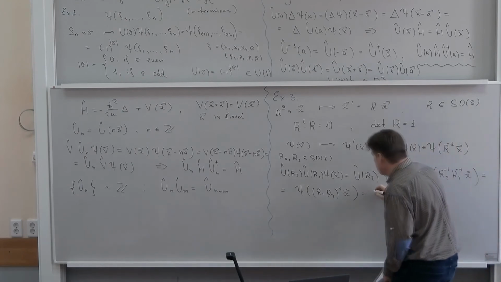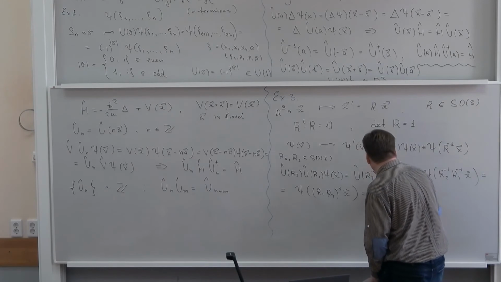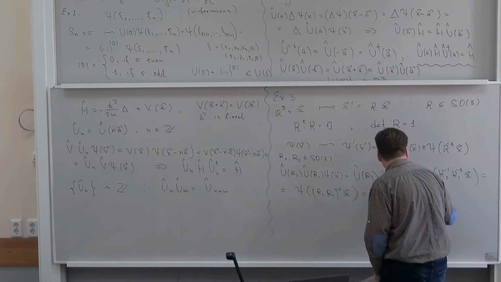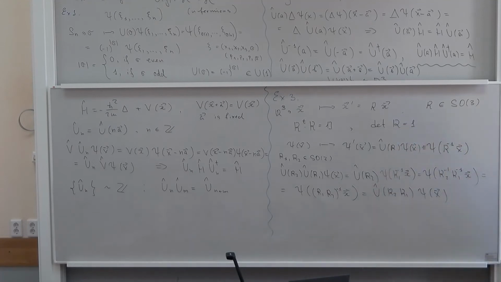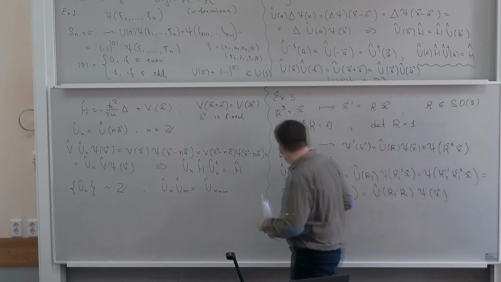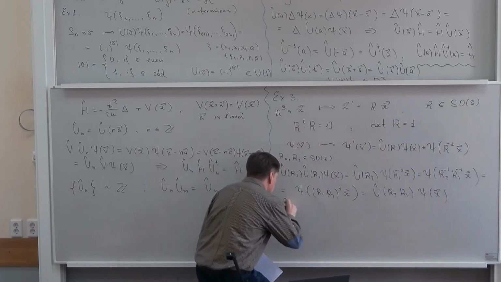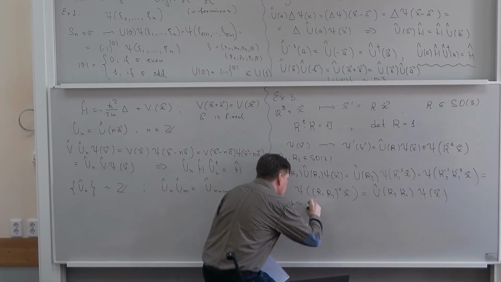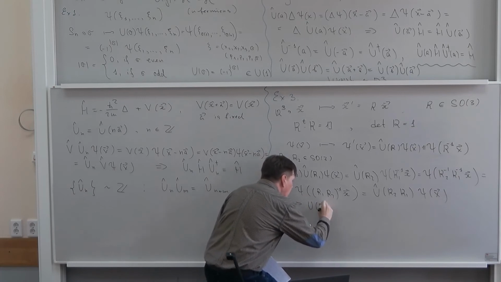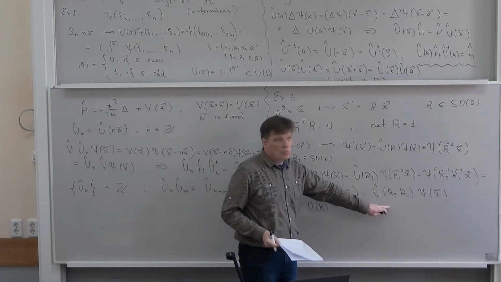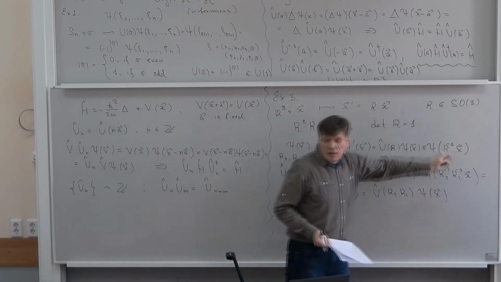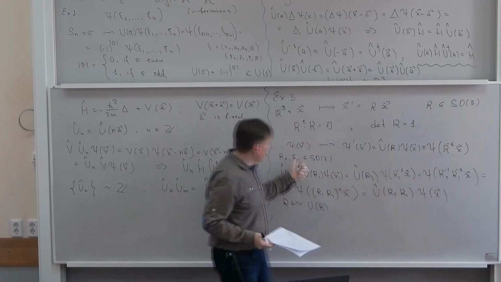So the result can be written as U(R1 R2) acting on psi of x. So we see that the assignment R goes to U(R) is a representation of the rotation group in the Hilbert space of wave functions of x.